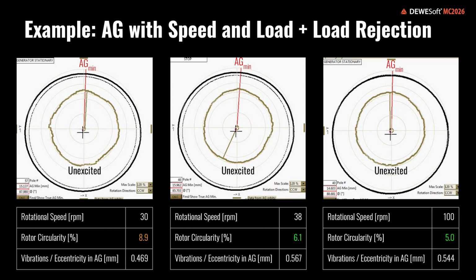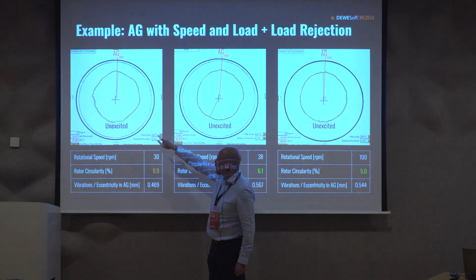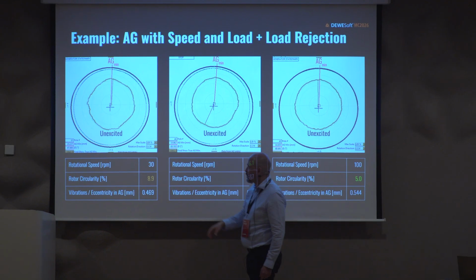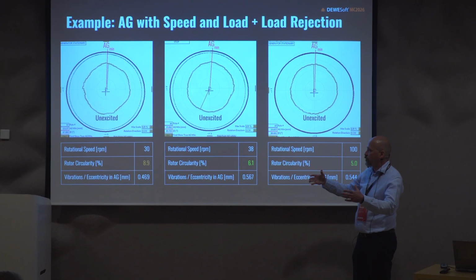This is just a small illustration for one unit, and it's a US unit also, which strangely looked kind of, you see the shape of the rotor, and rotor circularity is about 9%, and it's at 30 RPM. So it kind of looked uglier when it was stopped. There is a reason for that, for those of you into electrical machines, because it is something called a shrink fit rim.